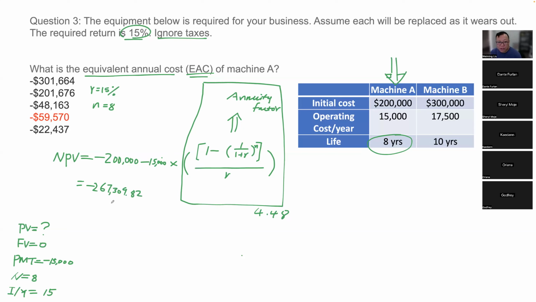So use your net present value divided by your annuity factor. That is your equivalent annual cost, EAC. So EAC equals your net present value of all the cost divided by the annuity factor.